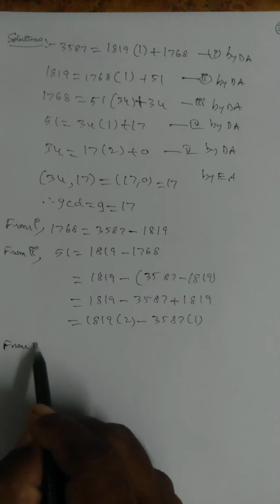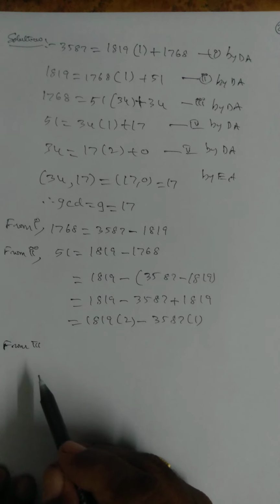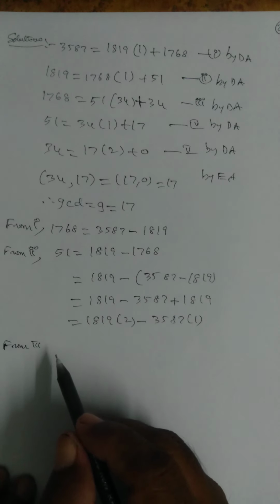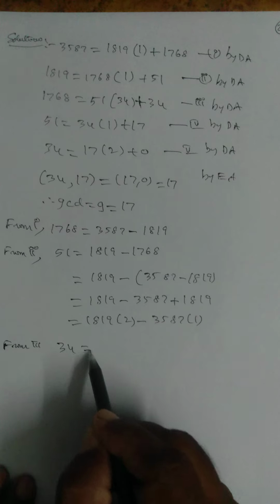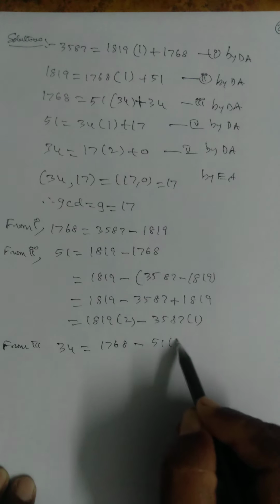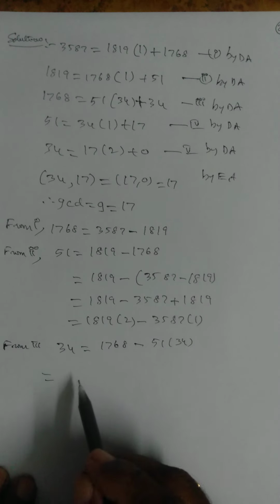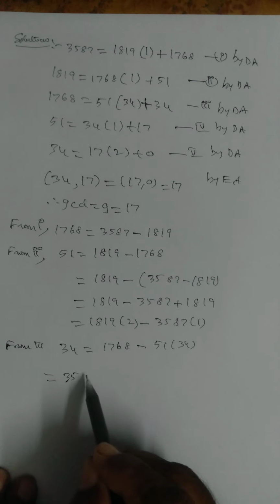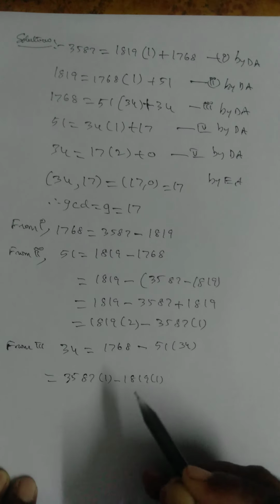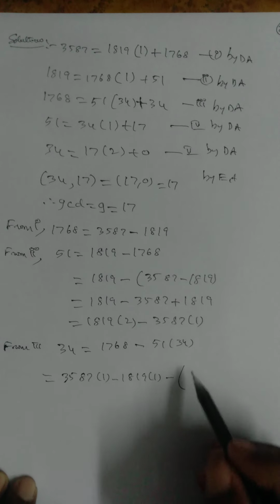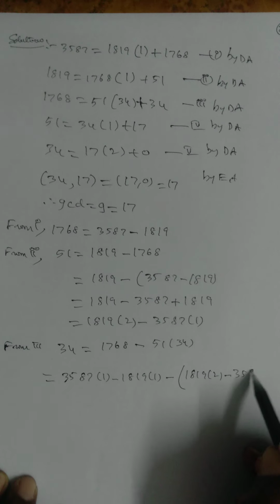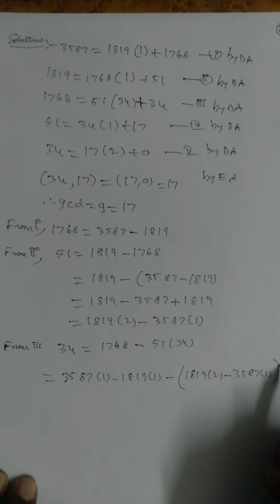From 3: 34 is equal to 1768 minus 51 into 34. What is 1768? 3587 into 1 minus 1819 into 1, minus what is 51? 1819 into 2 minus 3587 into 1, into 34.